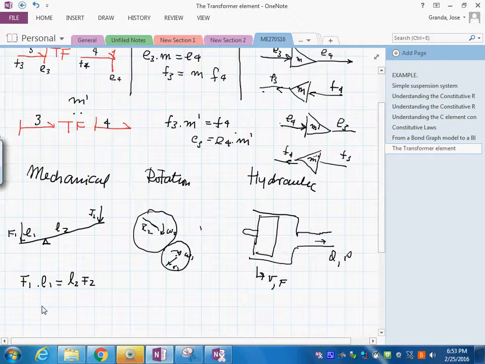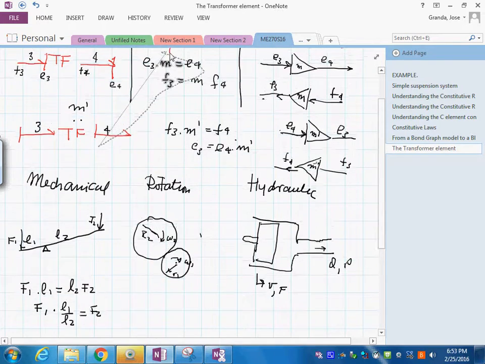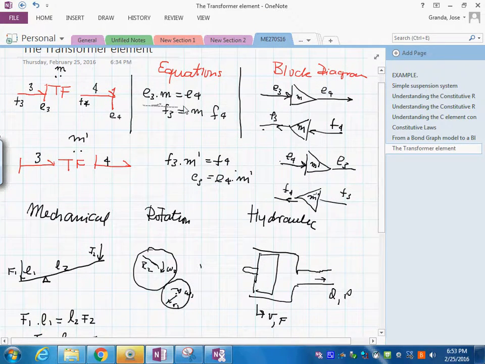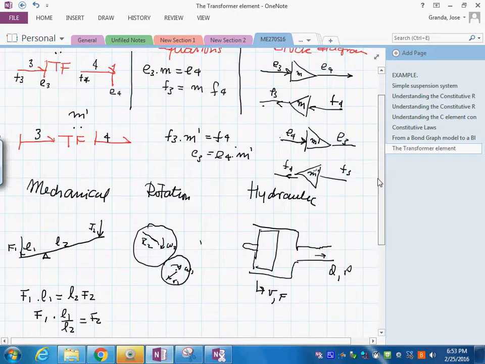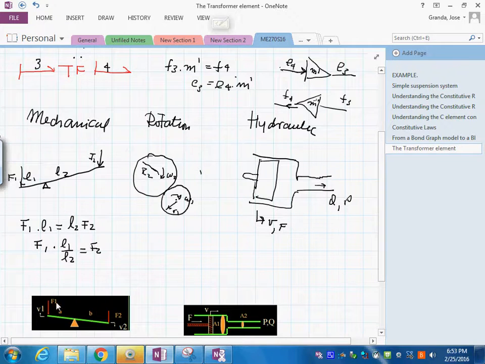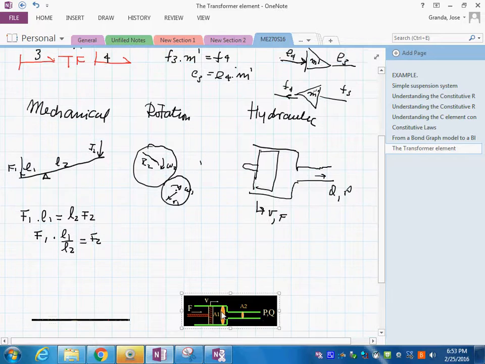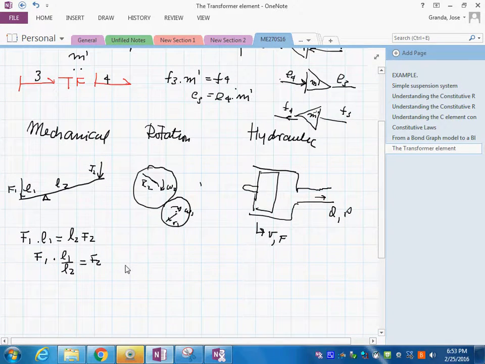But if you happen to know this is the velocity v sub 1 and this is the velocity v sub 2, then the velocity is v sub 1, like this.